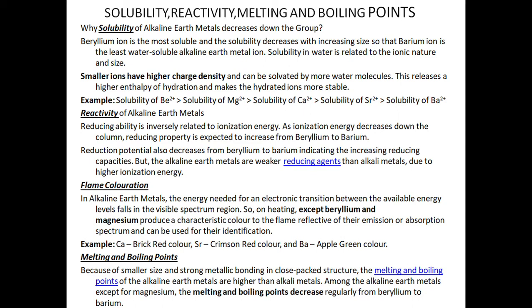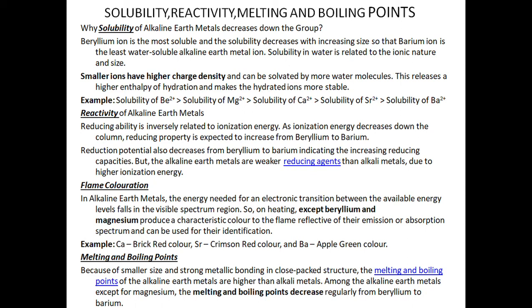For example, calcium gives brick red color, strontium gives crimson red color and barium gives apple green color. So these characteristic colors are induced in the flame and they can be identified easily. This is the specific property of the alkali and alkaline earth metals.